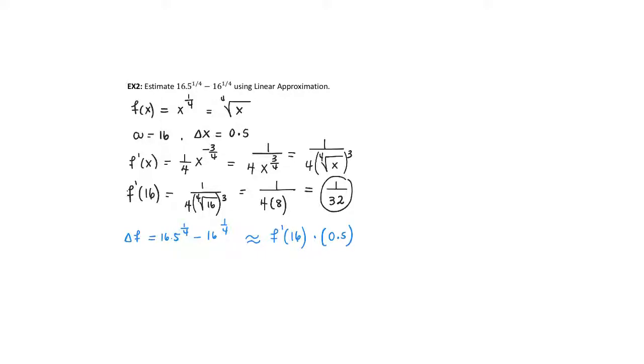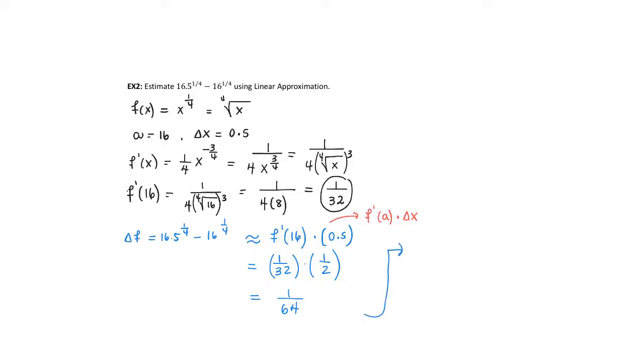If you remember, just using variables, this becomes f prime of a times delta x. So then, that's going to be equal to 1 divided by 32. We already calculated that, and I will express 0.5 as 1/2. So that's going to give us 1 divided by 64.